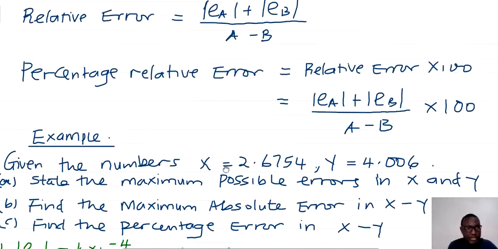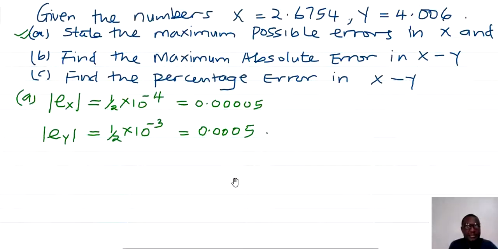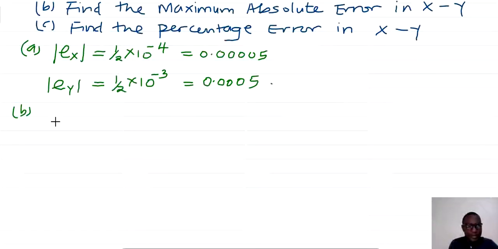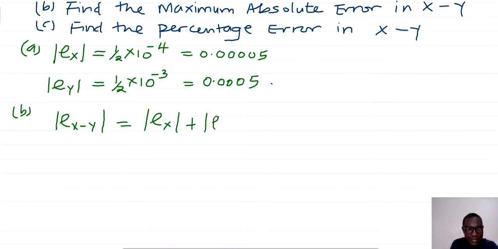So we are going to extract that formula and use it as a fact. So now we have that the absolute error in x minus y is equal to the absolute error in x plus the absolute error in y.